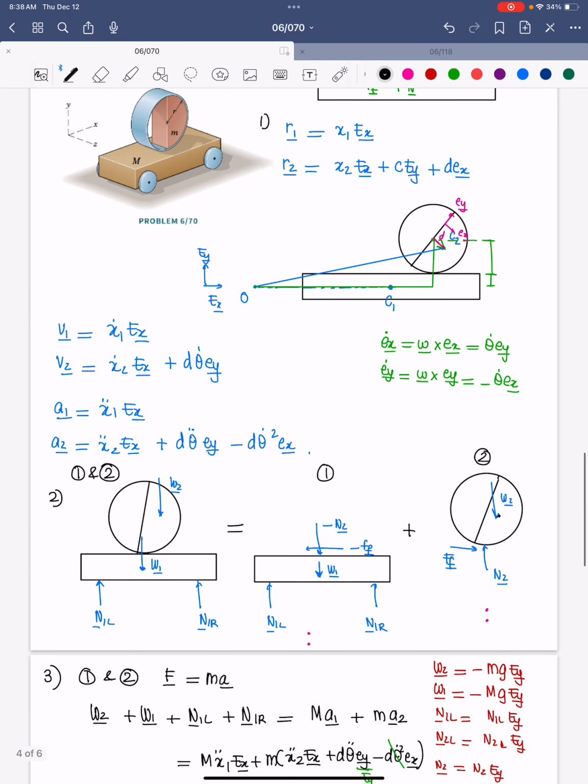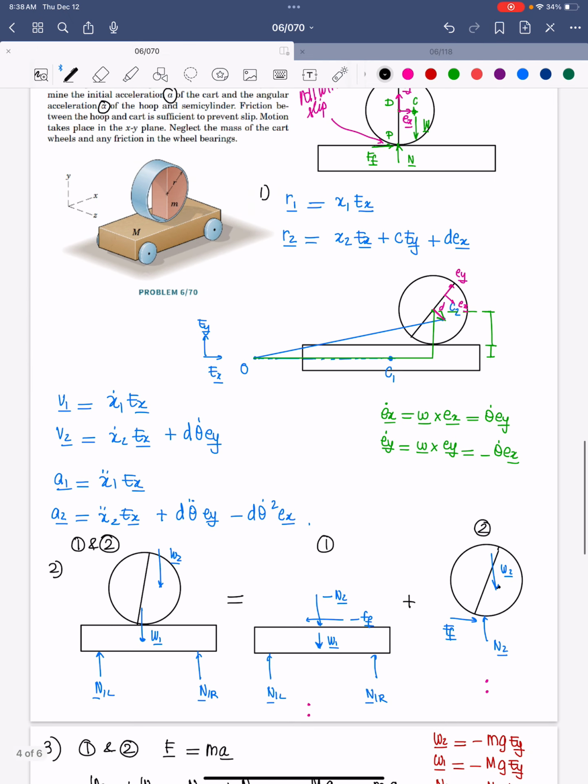Okay. So now I'm going back to my initial figure. RP, I can write RP as x2 EX plus that width over 2 EY.